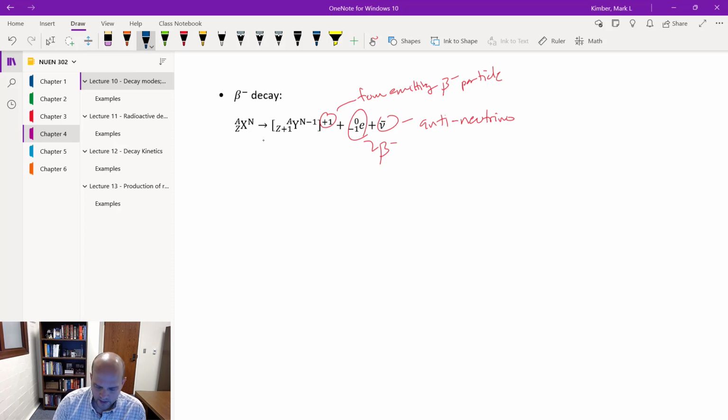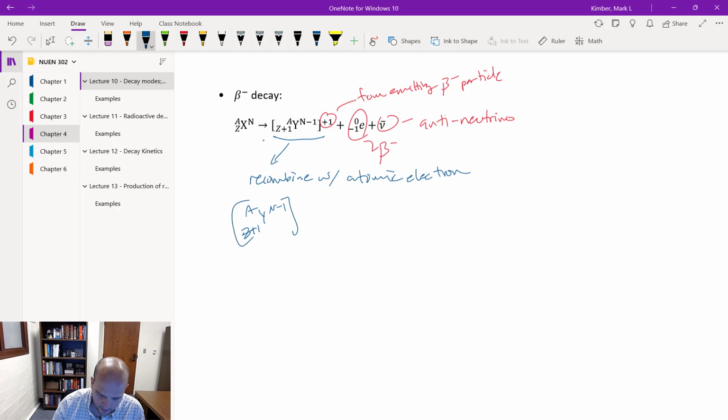And so what happens is that this is going to recombine with an atomic electron. And what that does is, if I take this here, which is the daughter shown above, that is going to combine with an atomic electron, which we're going to use this label to denote, rather than the label you see up above.